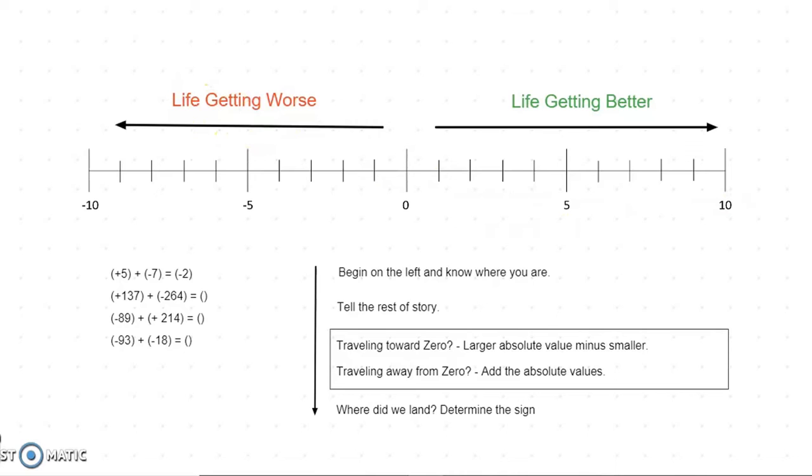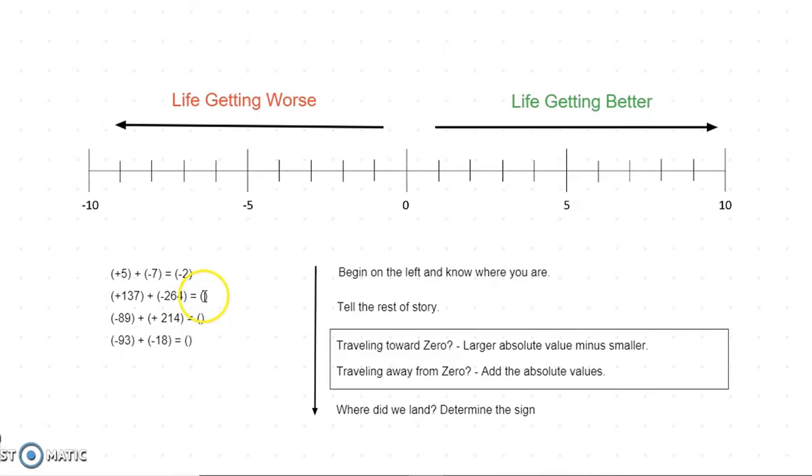So I'm moving from out in this region to the left, and of course you can see that is toward 0 again. So larger minus smaller when we consider absolute values. So that would be the 264 minus the 137. I'll just pop that into my calculator and it comes out to 97.